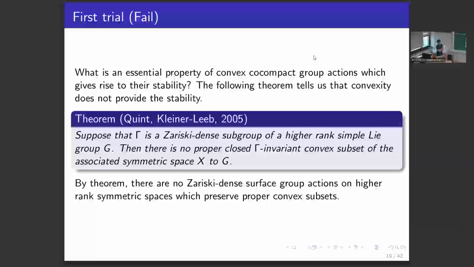So that means that convexity does not give any new phenomenon. Okay, and it also does not give an explanation for the Hitchin action, because the Hitchin action is Zariski dense in PSL-NR. Okay.